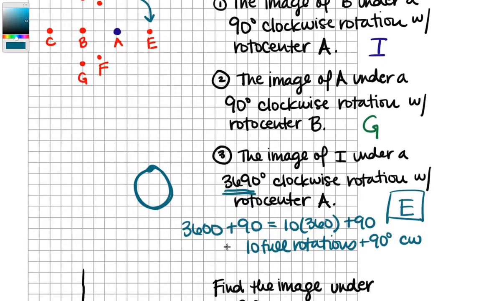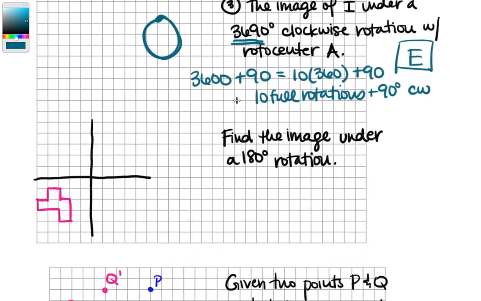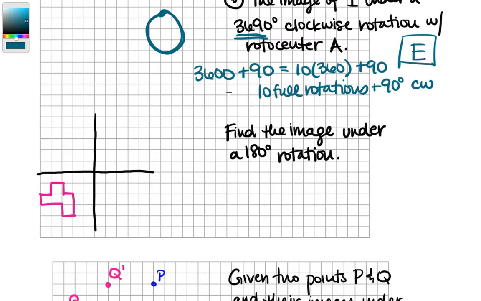Okay, let's do our next example. Find the image of this little Tetris shape here under a 180-degree rotation, and we're going to assume our rotocenter is the origin here, or where those axes cross.